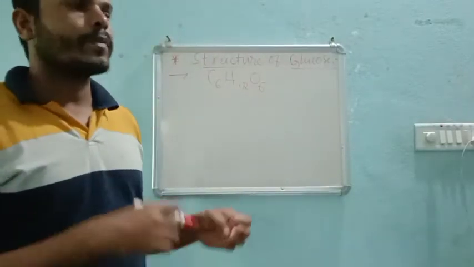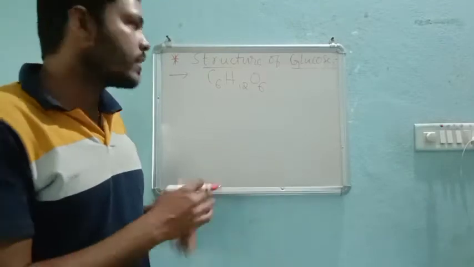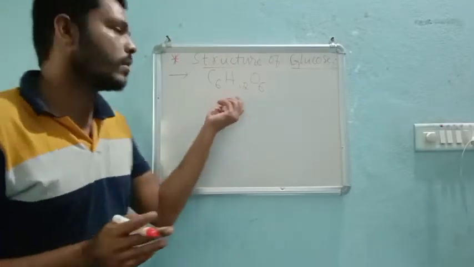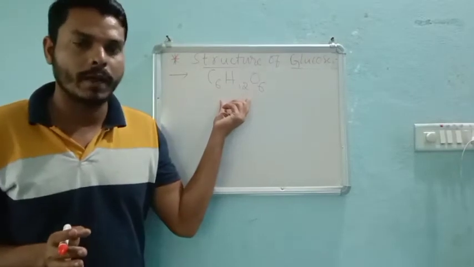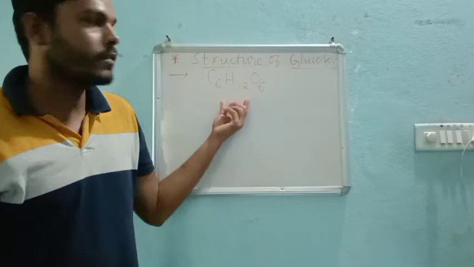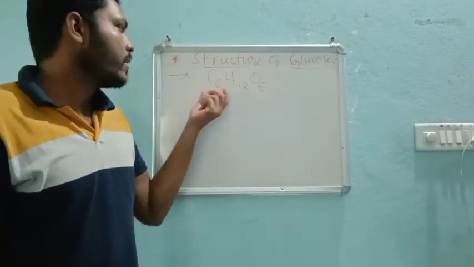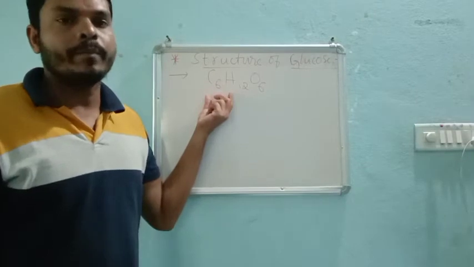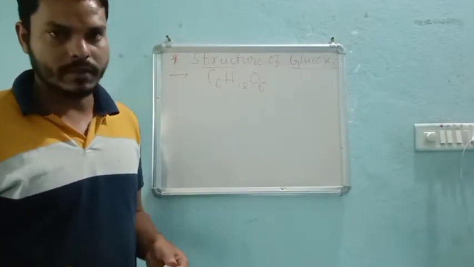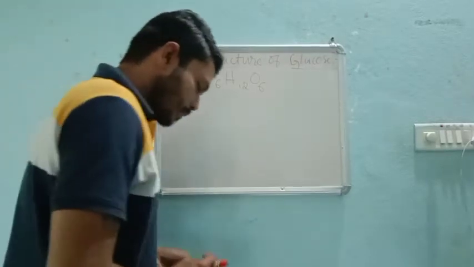That means after completing all these studies and experiments for the confirmation of the molecular formula, the final conclusion is that glucose has the molecular formula C6H12O6, right? This is the first point.